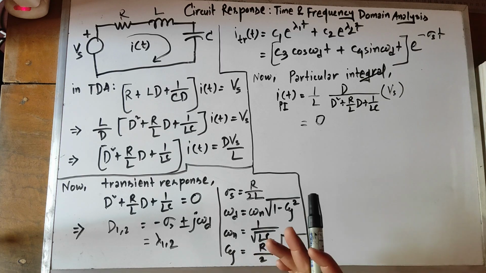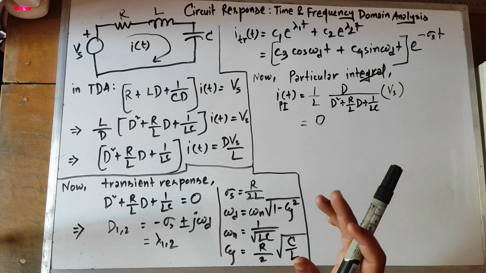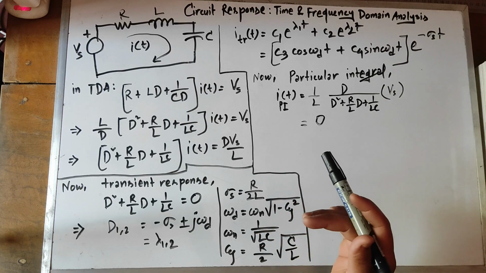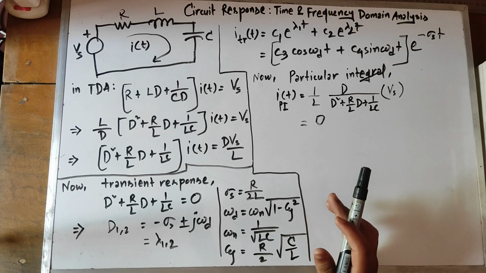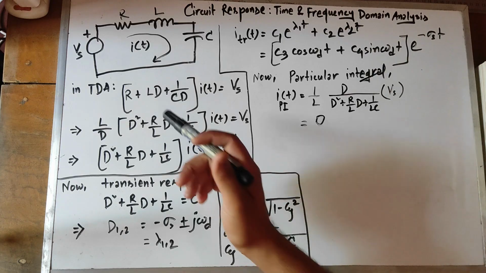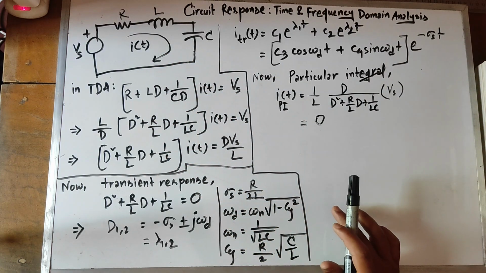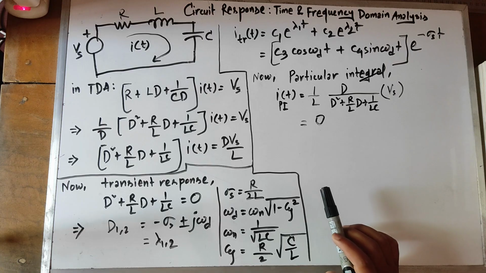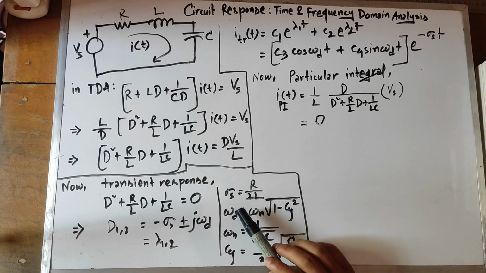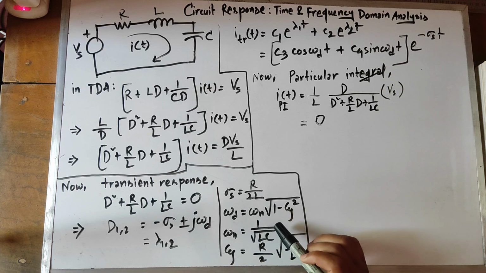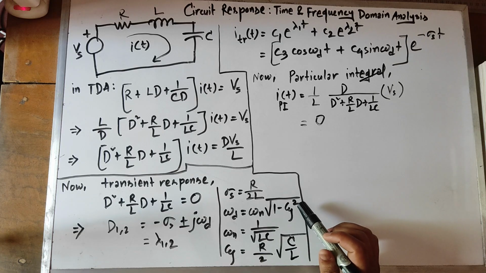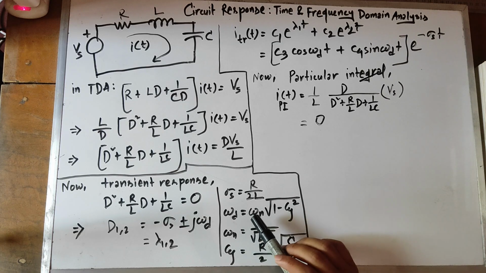So there are some differences in the different orientations of systems. The damping factor varies depending on the orientation of the electrical systems, depending on the orientation of the passive elements, mainly the resistor. Omega d is the damped natural frequency, which is omega n root over 1 minus zeta square. Omega n is the undamped natural frequency, which is 1 by root LC.